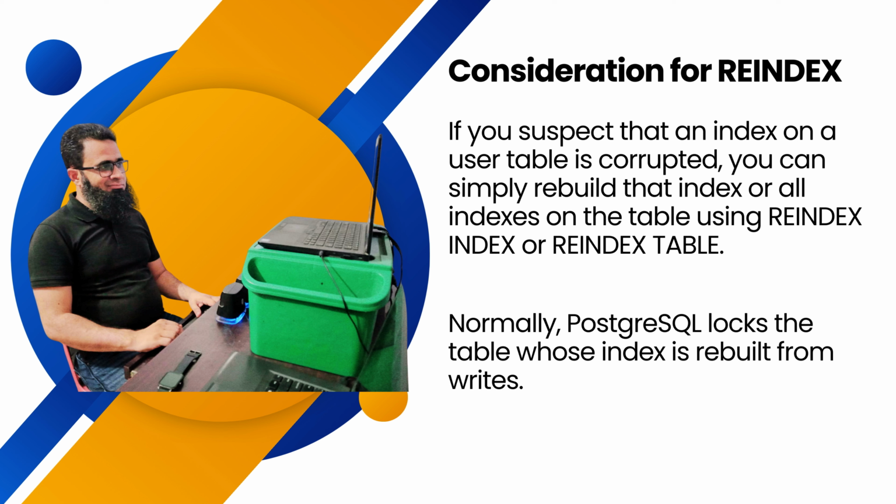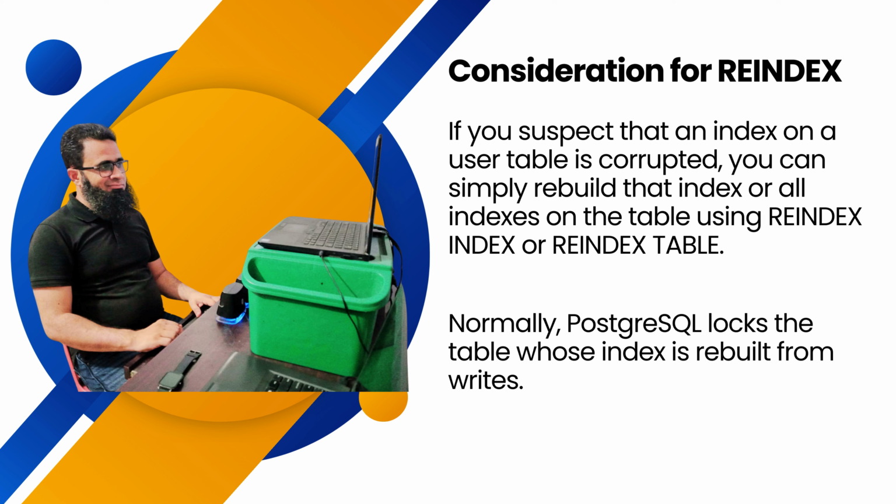And we should keep some considerations in mind if we want to perform the reindexing in our PostgreSQL database. Let's suppose our user table index is corrupted, so we can simply reindex this particular index, and we can also reindex all tables as well.